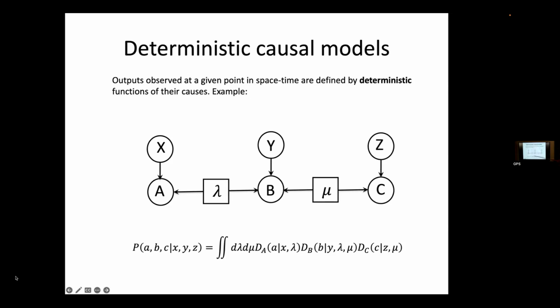A deterministic function producing A given X and lambda, a deterministic function producing B given lambda, mu, and Y, and another deterministic function producing C given mu and Z. So these are deterministic causal models. Before quantum physics, I would say this is just common sense. It's very surprising that things don't behave this way in nature. And this is a consequence of the Bell scenario.